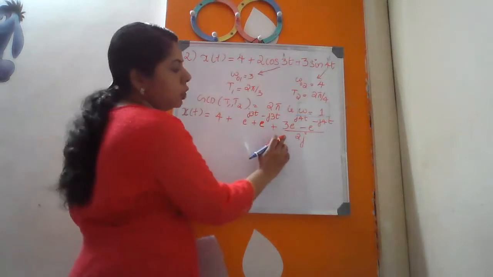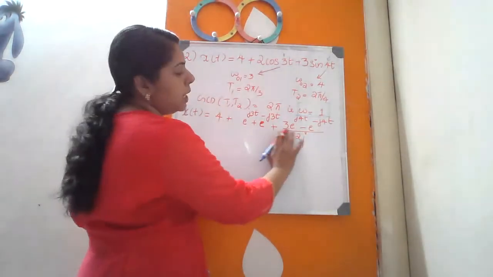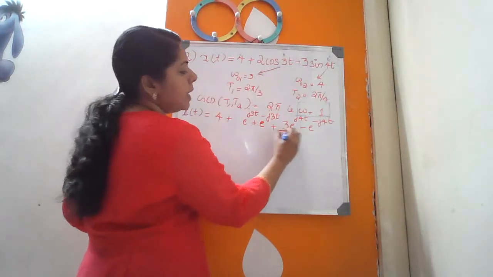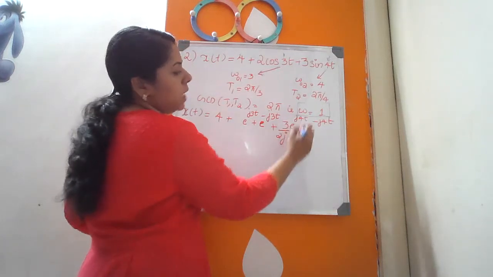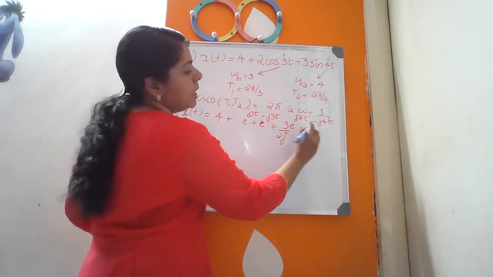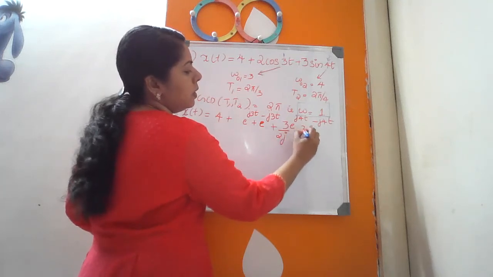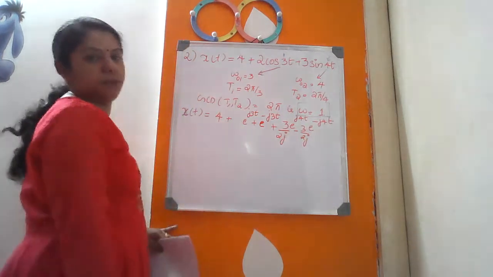Now come to this term. Here a common 2j is there, so I'm separating and writing. I can write this as 3 by 2j e power j4t minus 3 by 2j e power minus j4t.